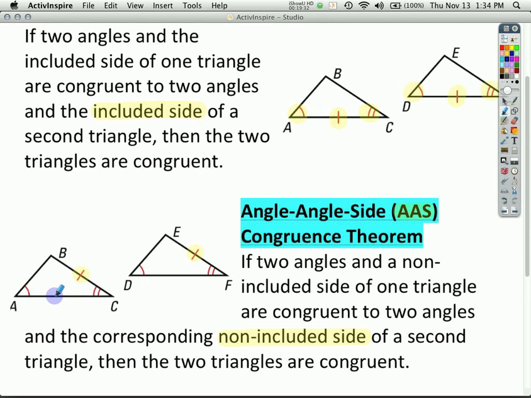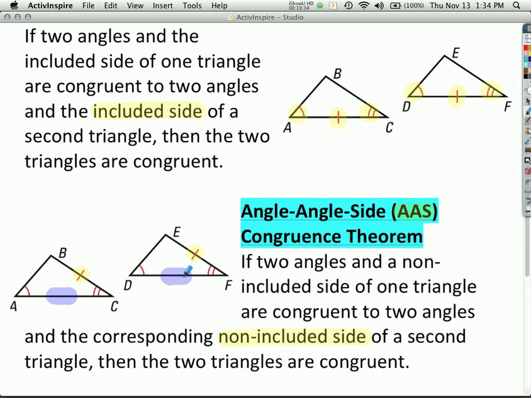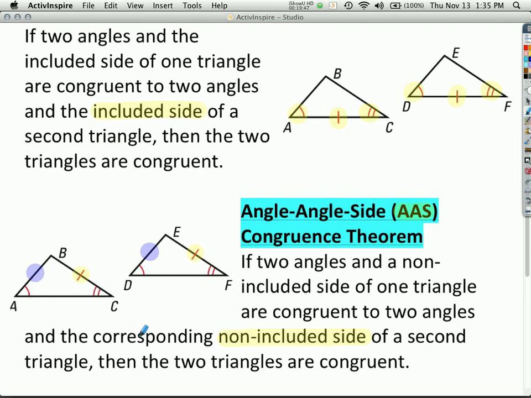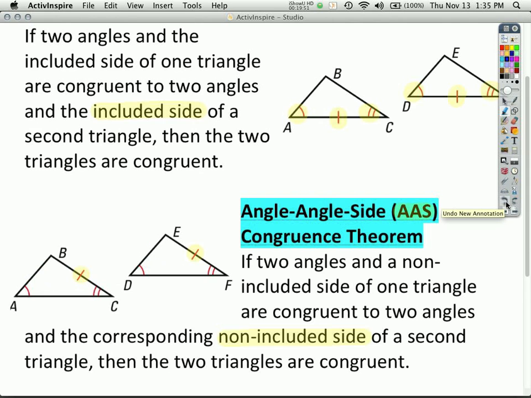This is the included side. But now I'm saying angle, angle, side says it doesn't have to be that. It could be the non-included side. In fact, if you could show this side was congruent to this one, you could do it that way as well. Any questions about just the definitions of these, the postulate and the theorem?